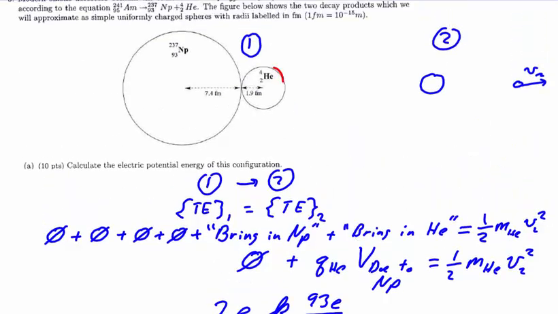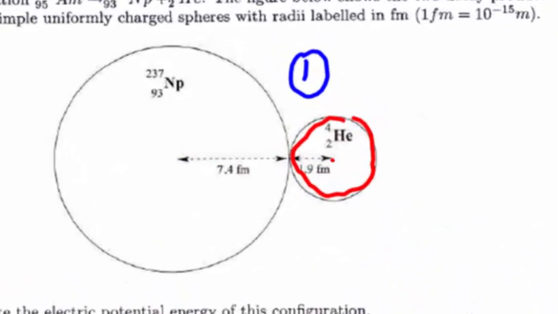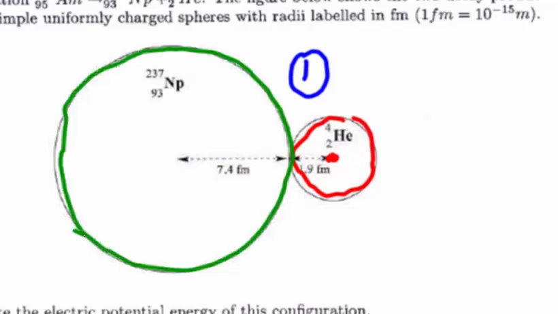The helium nucleus has been placed at a particular location and experiences the potential of that location. Because this location is outside of the much larger neptunium nucleus, we are correctly treating the neptunium nucleus as though it was a point charge.